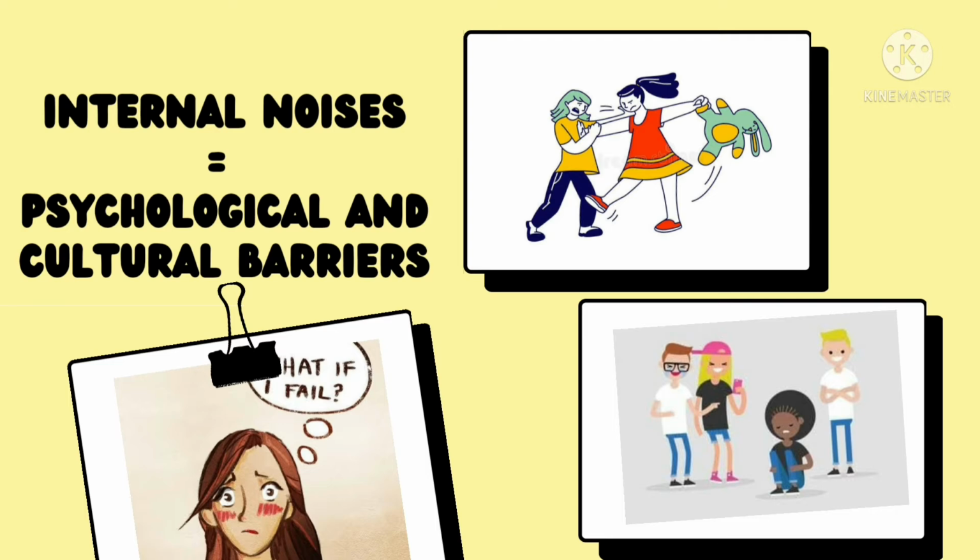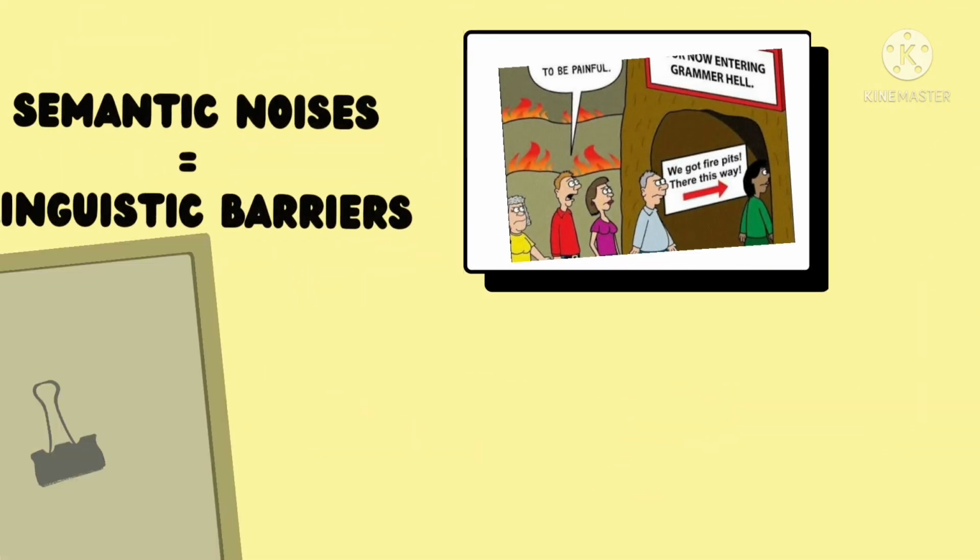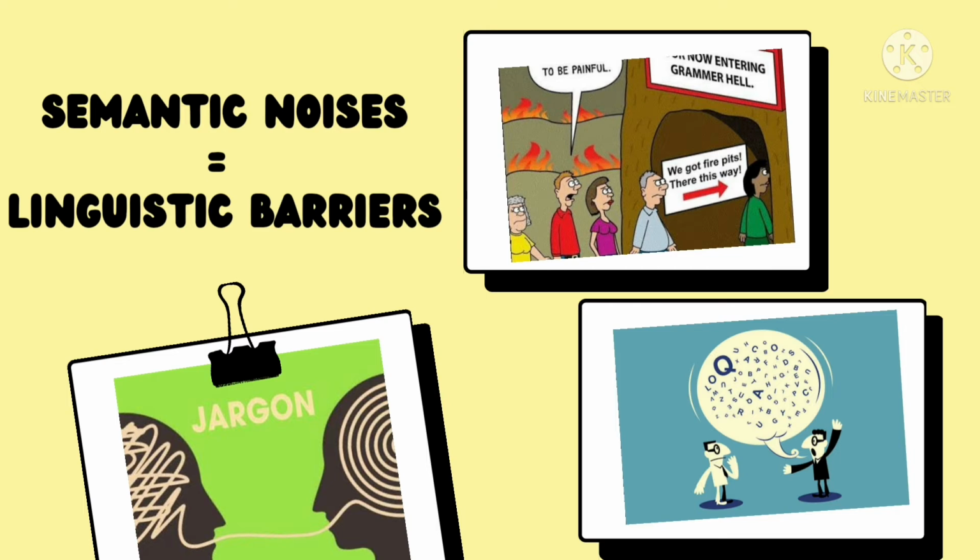Another is the internal noises, or can be considered as psychological and cultural barriers. These are the thoughts and feelings that interfere with meaning. For example, confrontation with a friend, fear of speaking in front of the class, and racial prejudice.